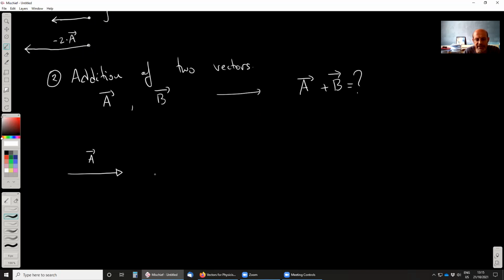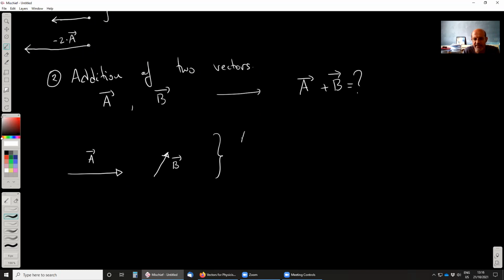And let me just do this like this, right? So B is a vector like this. How do I define the geometrical addition? What I do is I shift one of the vectors so that the starting point of one of the vectors is equal to the ending point of the other vector.